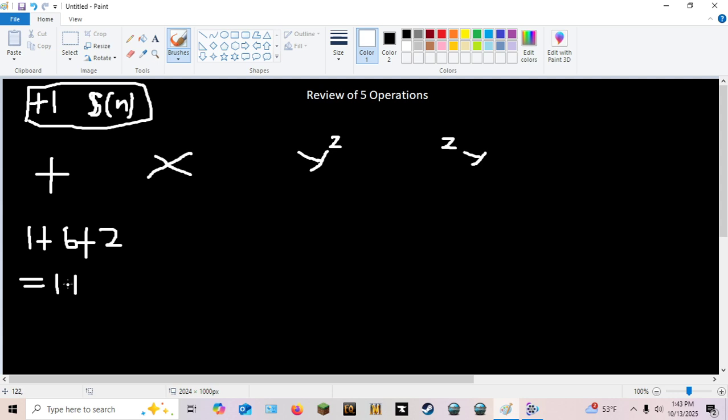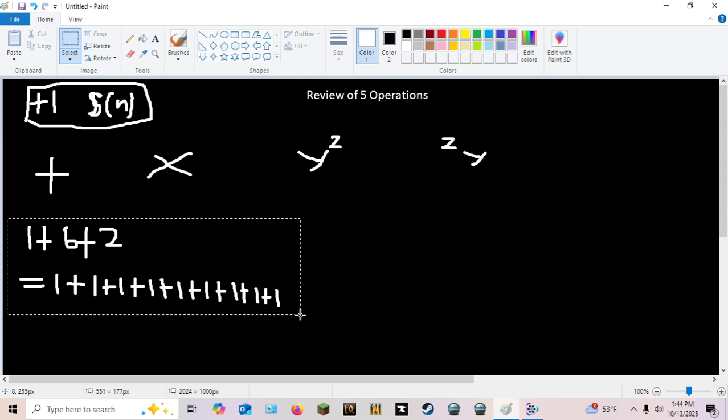Okay, 1 plus 1, 2, 3, 4, 5, 6. And then plus 1, plus 1. This is what it looks like if you decompose it. 1, 2, 3, 4, 5, 6, 7, 8, 9. So 1 plus 8 is 9.